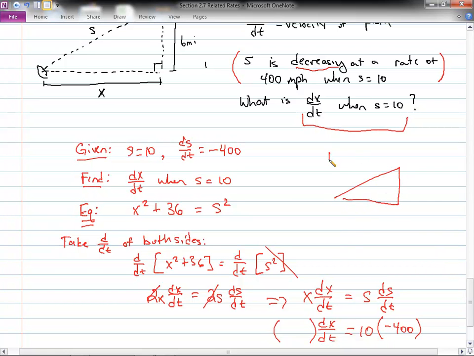So in this case, we need to find the x that goes with this. Meaning, we're given this was 6 and this was 10, right? So we can either do it geometrically or we can just do it right here from this formula.